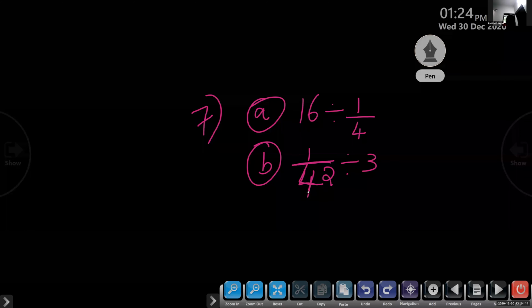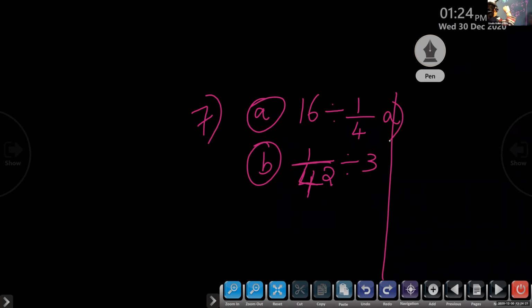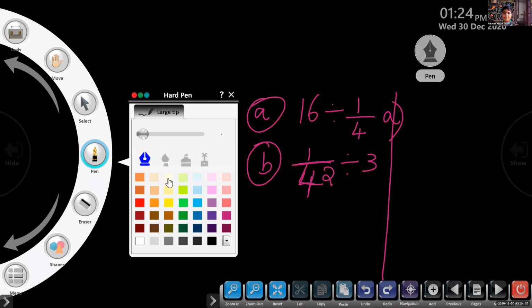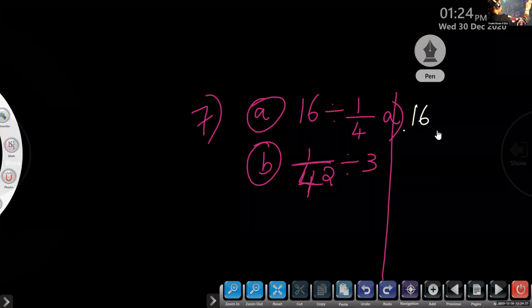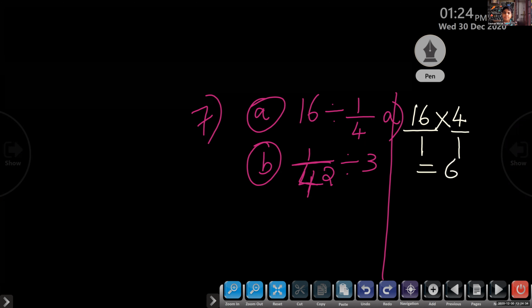So children, what can we do for question number A? 16 divided by 1 by 4. 16 by 1, and the division symbol is equal to multiplication. 1 by 4 is equal to 4 by 1. So 16 into 4 is 64 by 1. So this answer is 64.